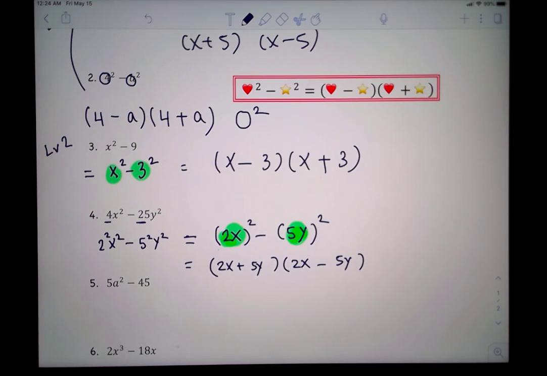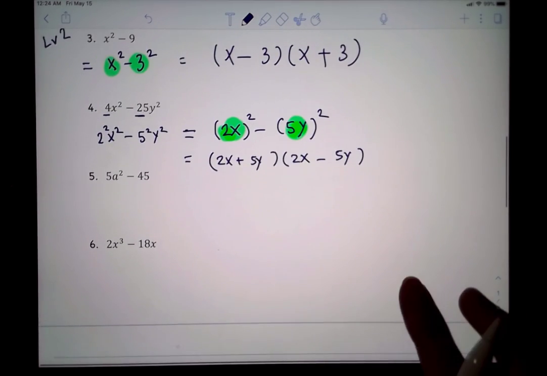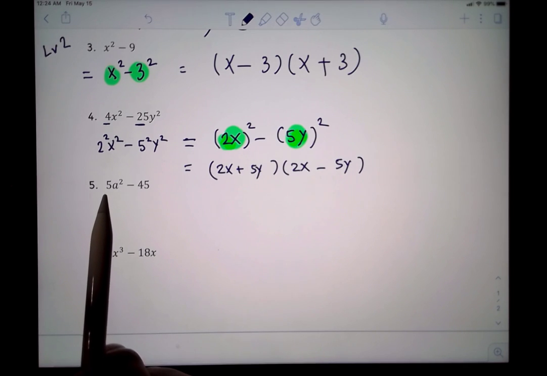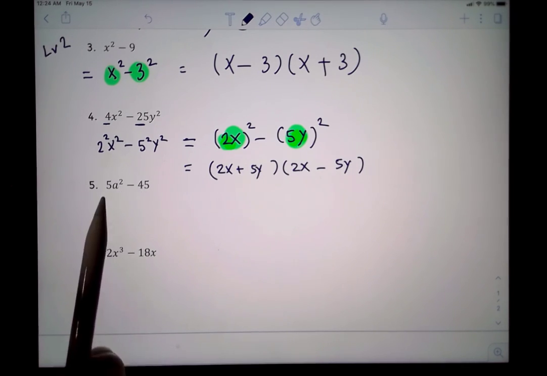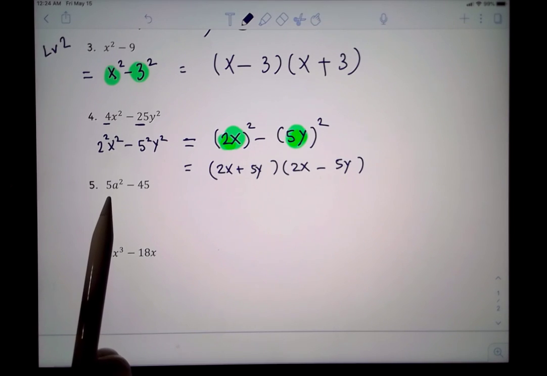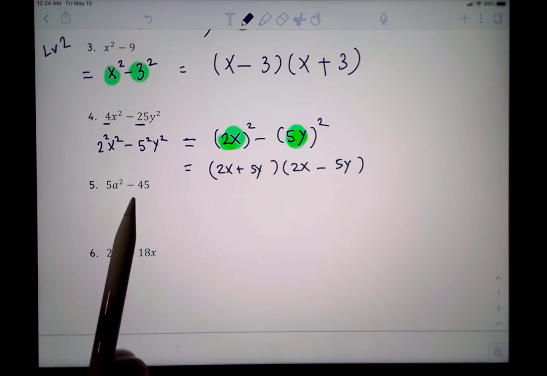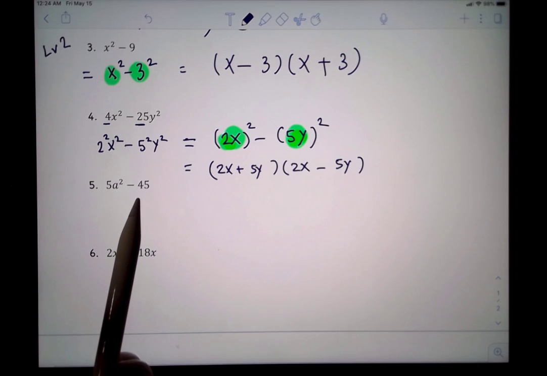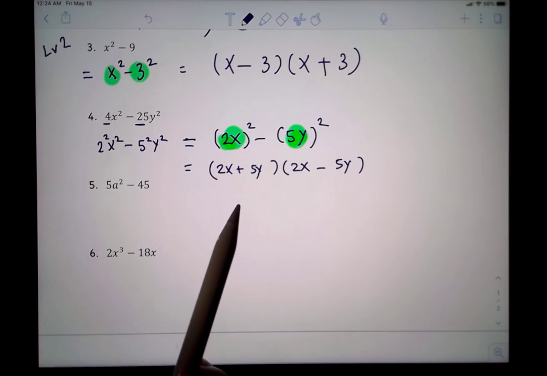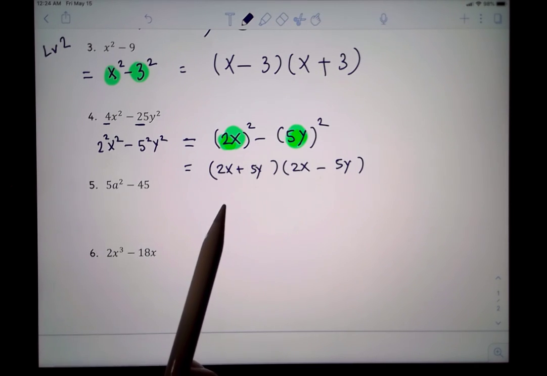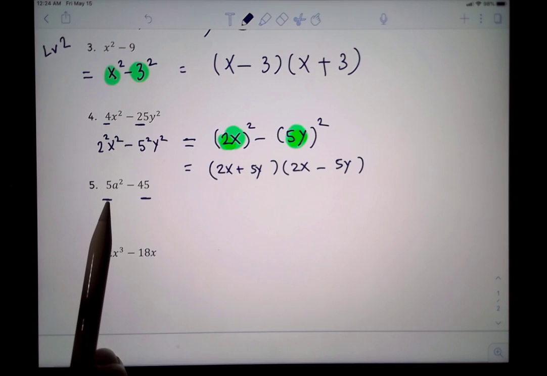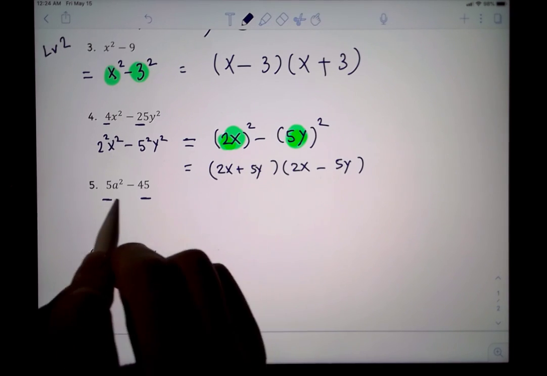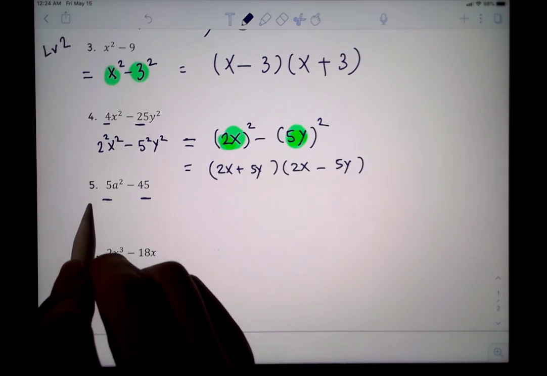And guys, look, what about number 5? 5a squared minus 45. Is 5 a perfect square? No. Is 45 a perfect square? No. Then we cannot solve this? We can do it. Look, 5 and 45. What's 5? 5 is your GCF, correct? So in this case, you can factor out 5.